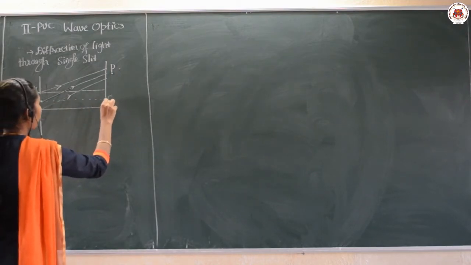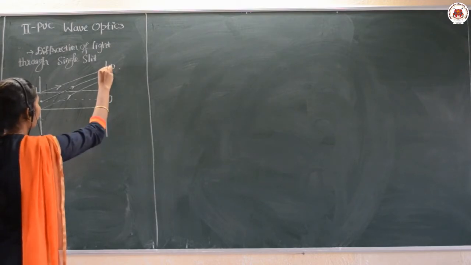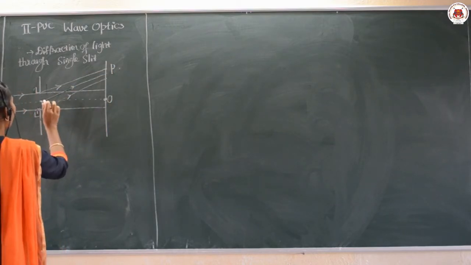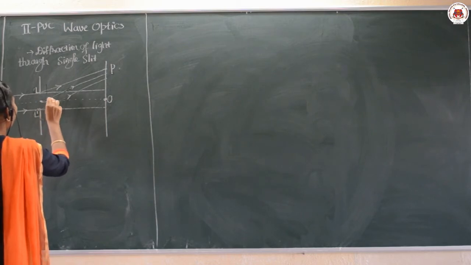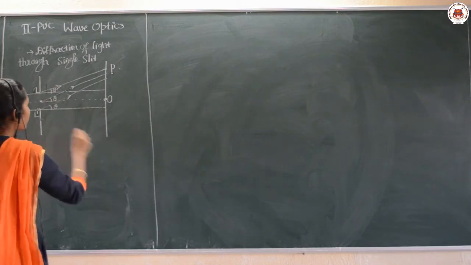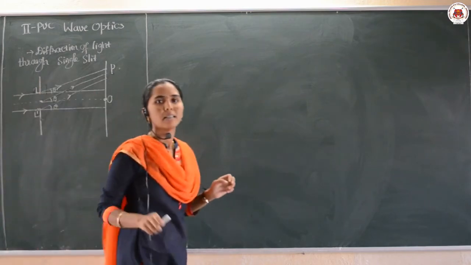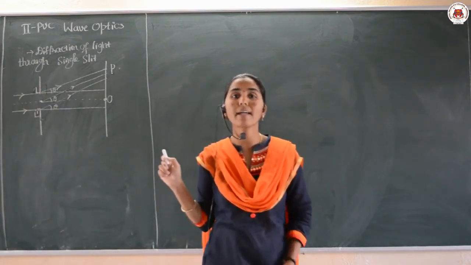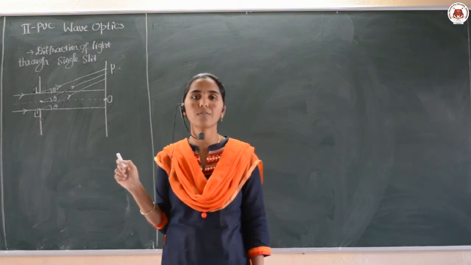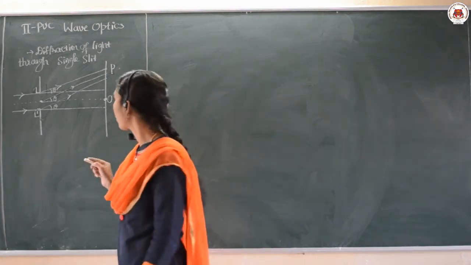Actually here is the point O and here is the point P. The light rays which are reaching the point P make an angle theta with the direction of the incident ray. The angle theta is called the angular width, or it is also called the angle of diffraction of the light. Okay.